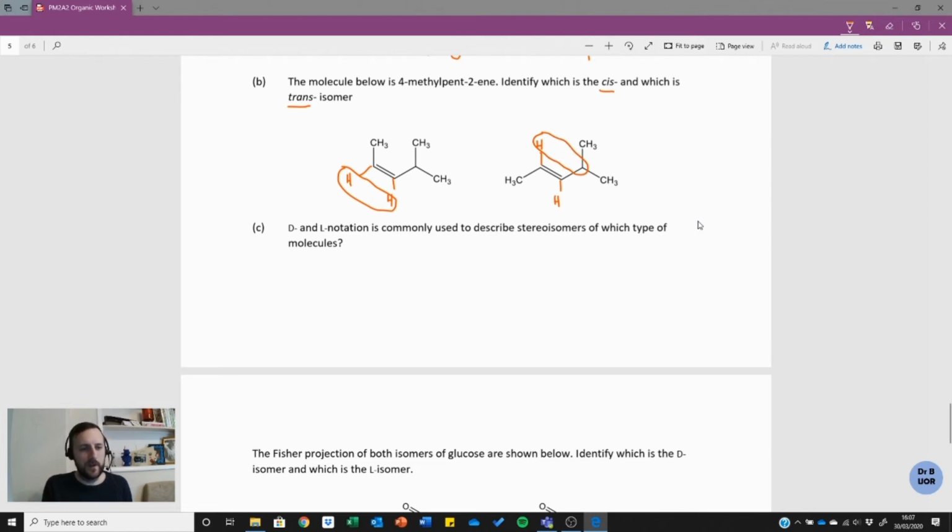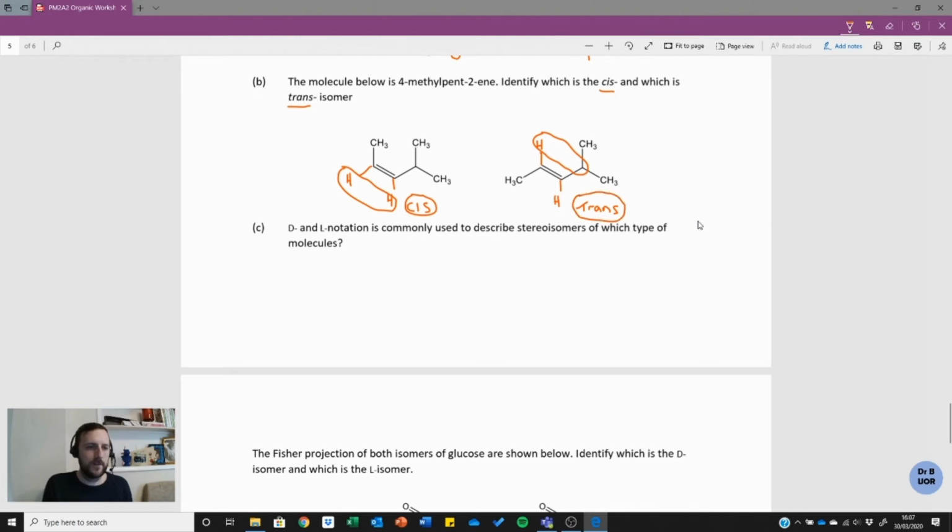So in this molecule, you can see that they're both the same, they're both at the bottom. If they are the same, that is the cis isomer. If they are across, they're different, so this is on the opposite side from the other proton, that is what we call trans, for being different. And that's how you would denote those two.